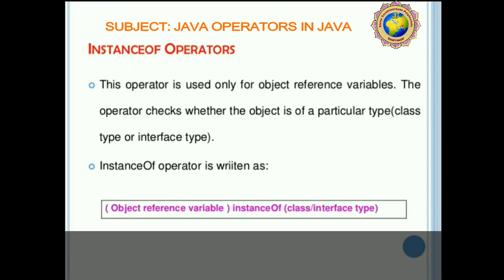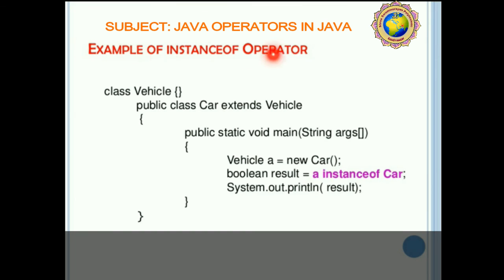Next, the instanceof operator. The instanceof operator is used with object reference variables. This operator checks whether the object is of a particular type. The instanceof operator is written as the object reference variable, instanceof, a class or interface type. See, this is an example of the instanceof operator. Simple: we have the class Car that extends the Vehicle class.